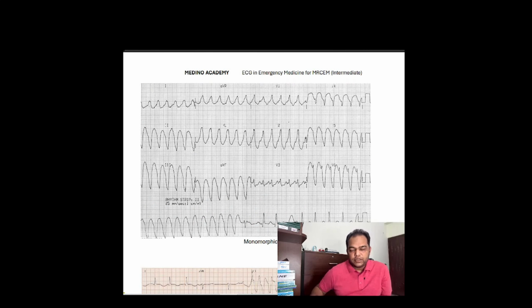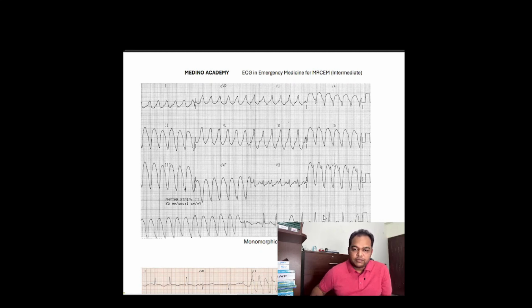And what is a fusion beat, and what is a capture beat? This is the ventricular tachycardia, and this is the capture beat. That means this beat contains a P wave, normal QRS complexes, followed by a T wave. So this impulse is generated from the SA node, which is captured by the ventricle.